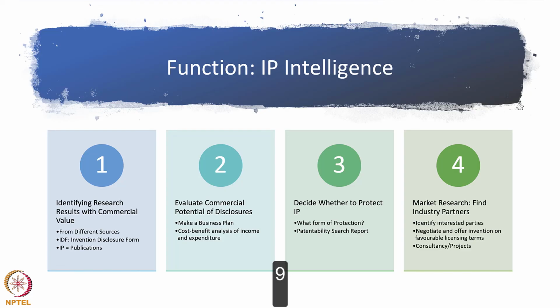Now, this can happen by independent negotiation with the industry partners. Identifying the interested parties could itself be a task that the IP center takes, and negotiating with them. It could also happen out of consultancy and other projects which are already there in the university.